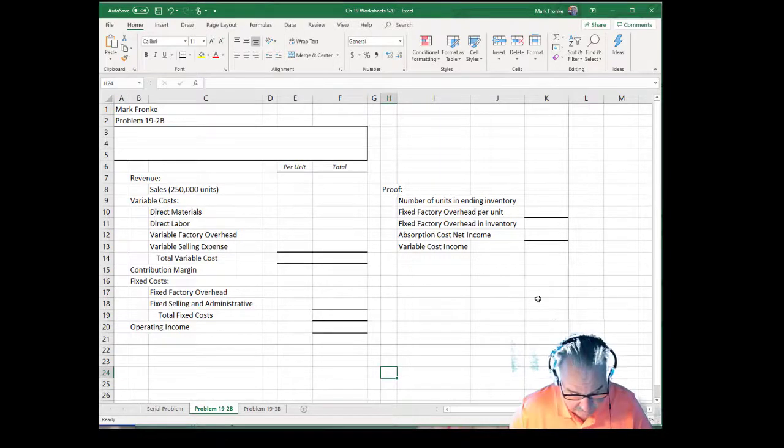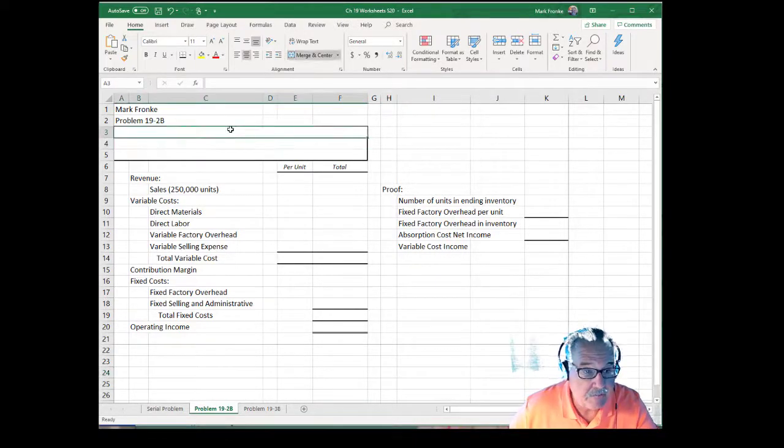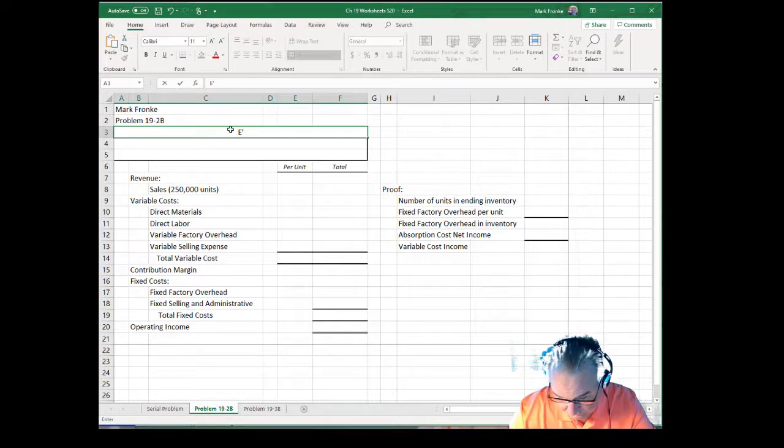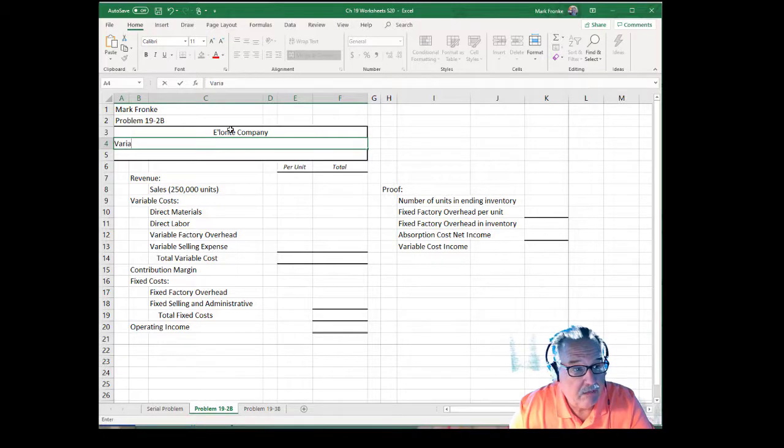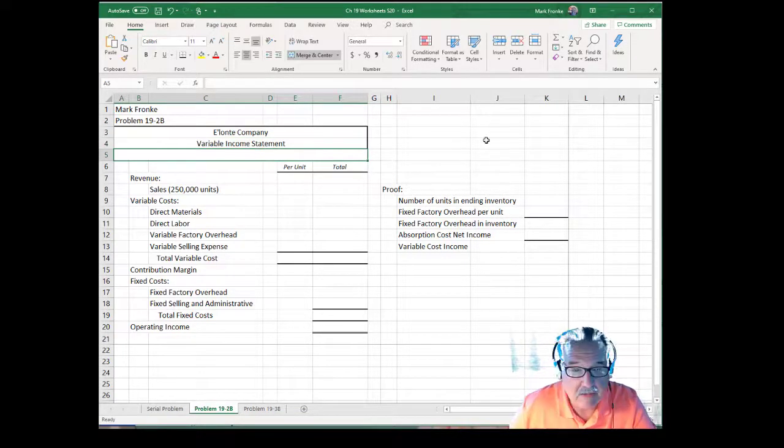19.2b is the Alante company. And they've asked us to prepare a variable income statement based on an absorption income statement that they provided in the textbook.